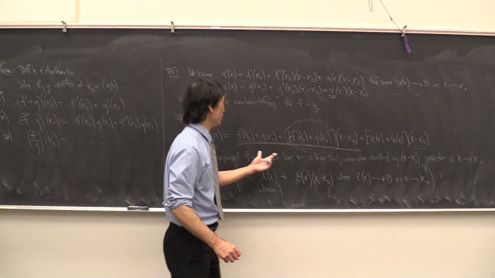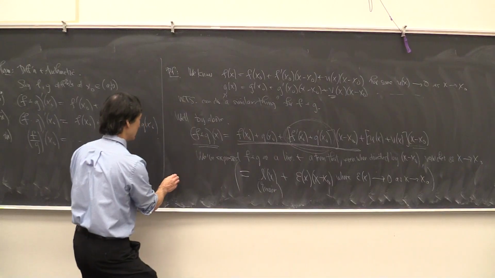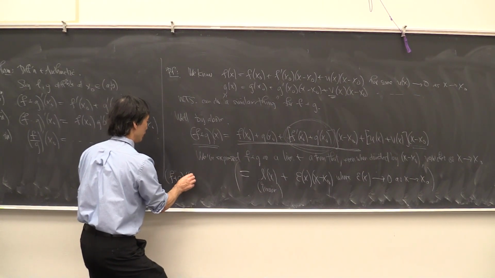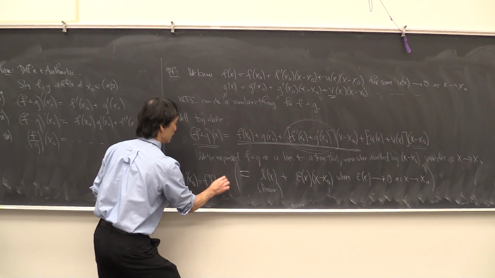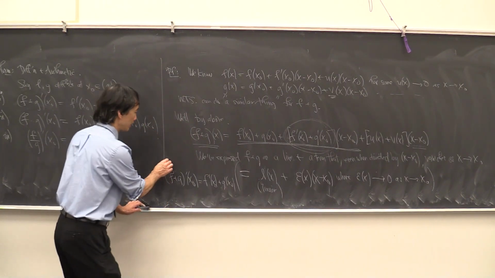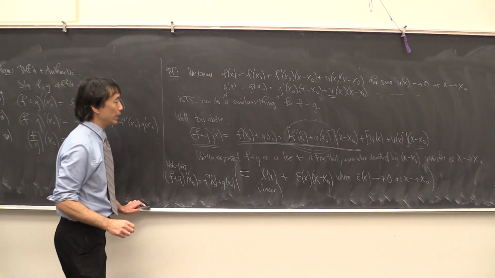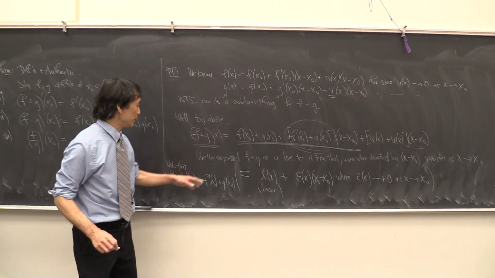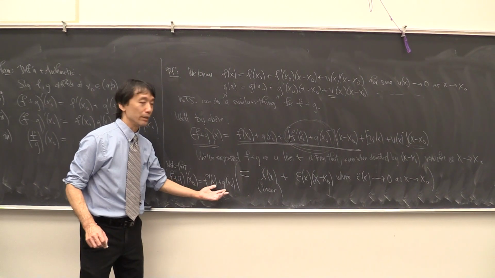So this shows us that the derivative is that. Here we show differentiability, and along the way we notice that the derivative is the slope of the tangent, the slope of that line, which is this thing here.